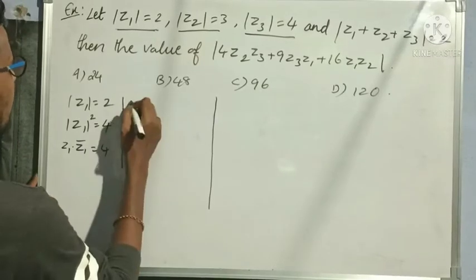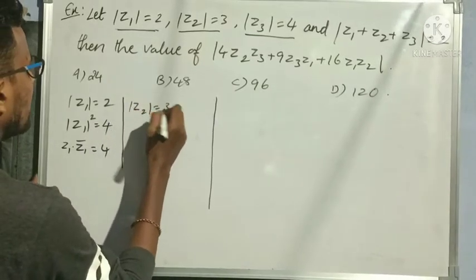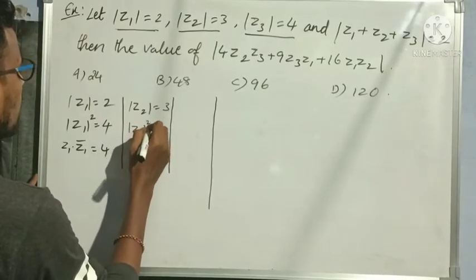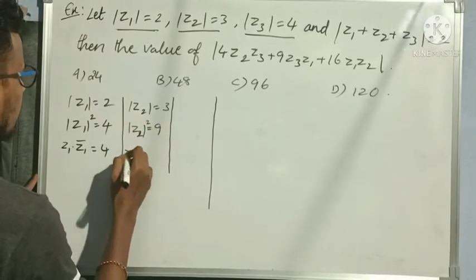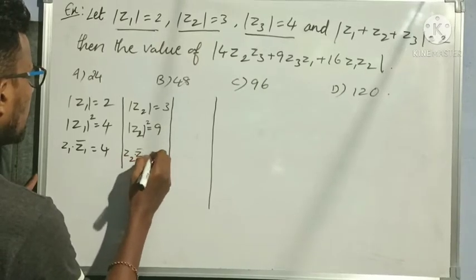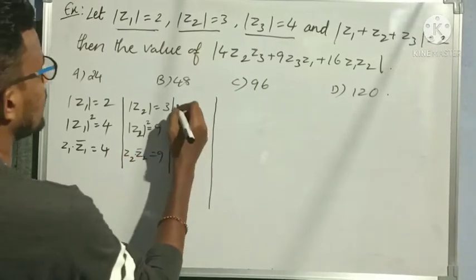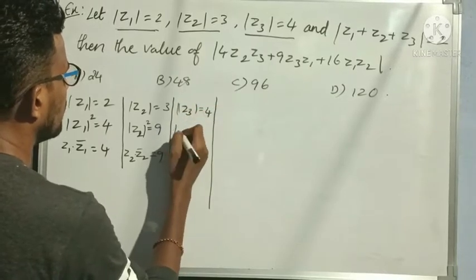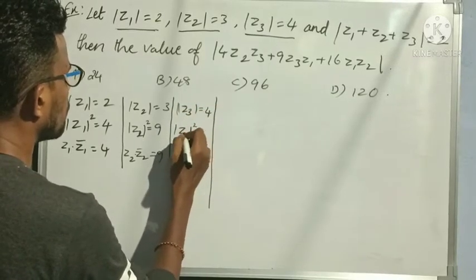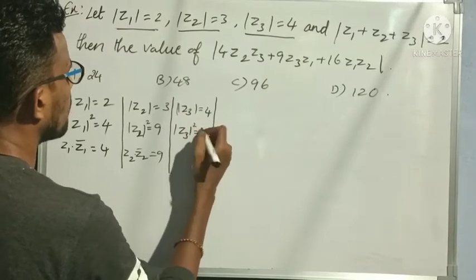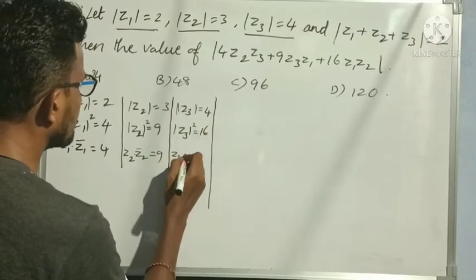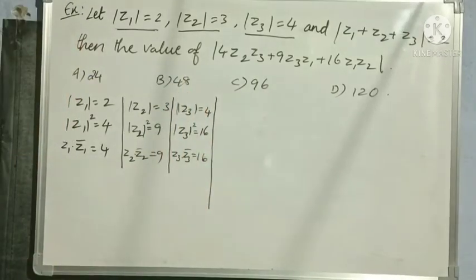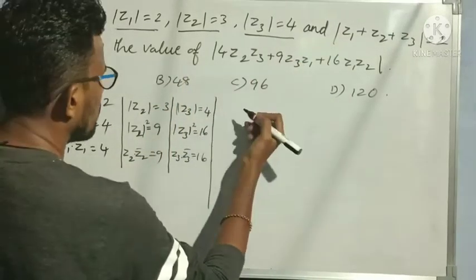In the same way, modulus of z2 squared is 9, which is z2 into z2 bar equal to 9. And modulus of z3 squared is 4 squared, 16, so z3 into z3 bar is equal to 16.